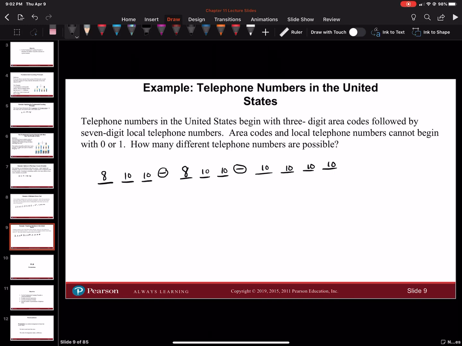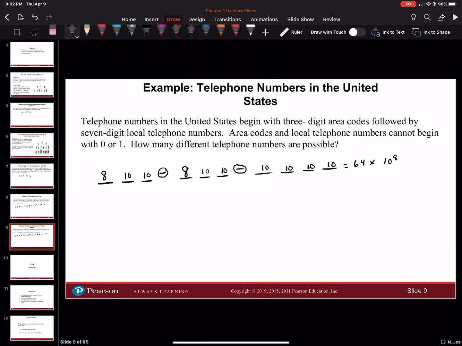So now, using the fundamental counting principle, I'm going to get 64 times 10 raised to the 8th. Because it's a 10-digit number, and two of the digits can't be 0 or 1, so we got 8 times 8, which is 64.